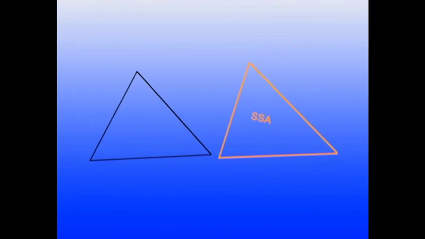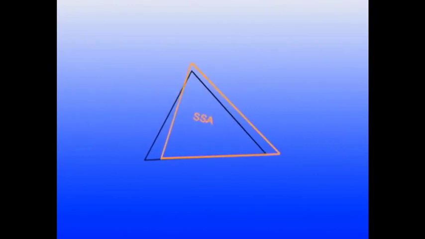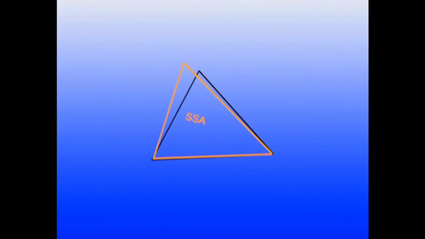Okay, if we superimpose the two triangles, we can see that they are not congruent, even though they have a side and another side and angle which have the same length and degrees.